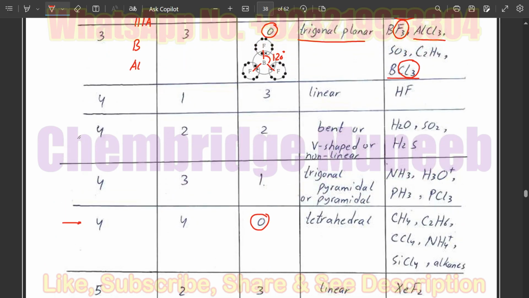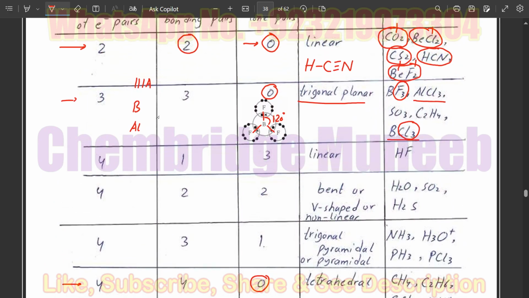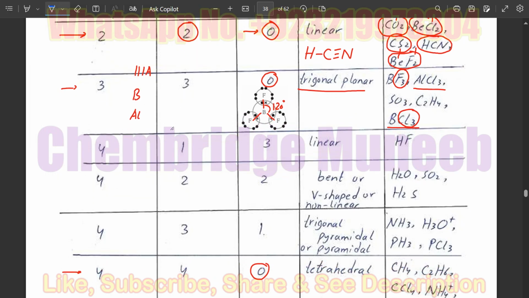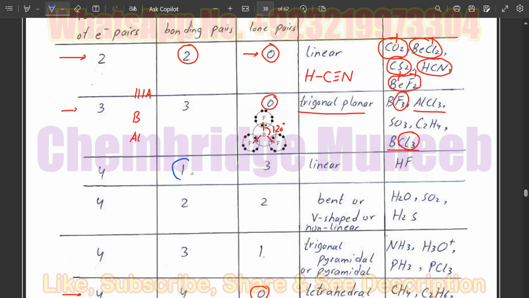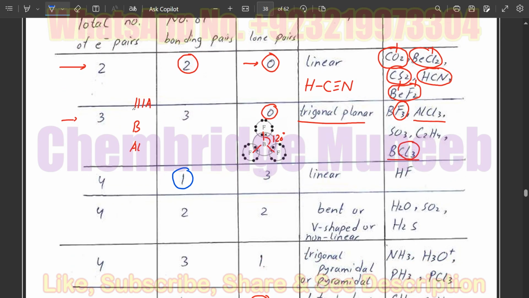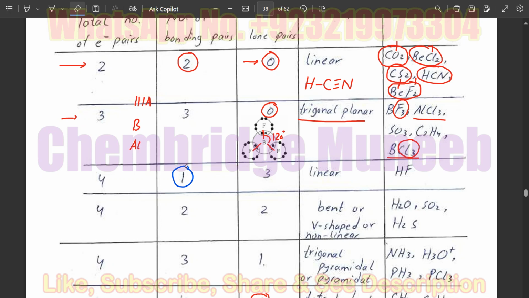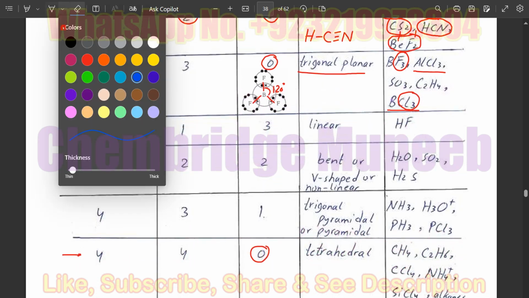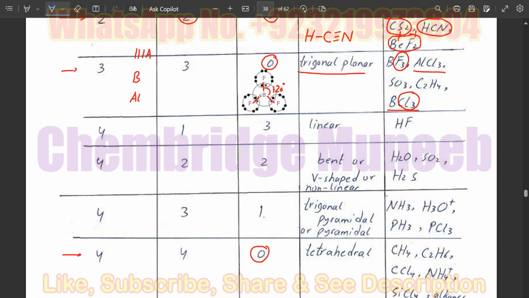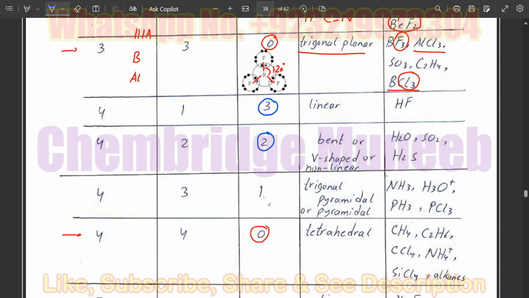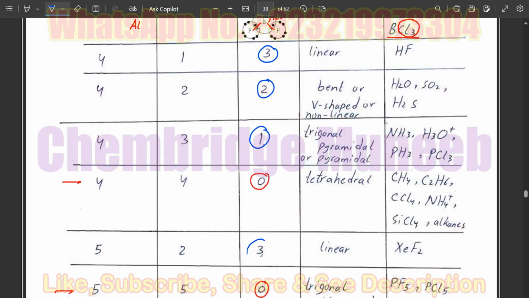Now we will discuss those examples in which there are also some lone pairs. There can be one lone pair, there can be lone pair on the other column. When there is 3 lone pairs, 2 lone pairs, 1 lone pair here, and 3 lone pair here.